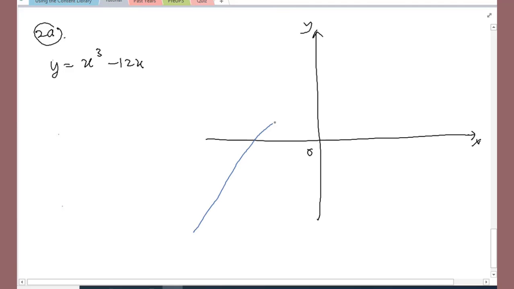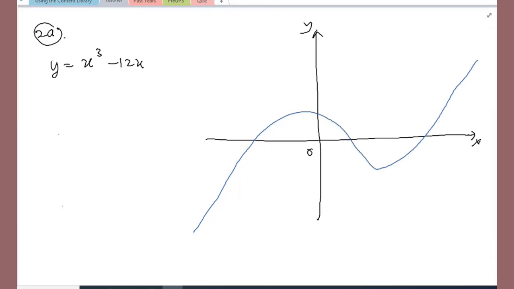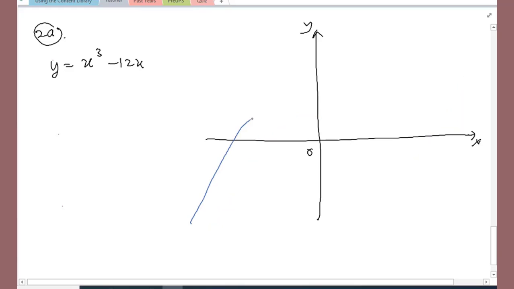The graph is something like this, with a slight curve, not sharp like that. From here, determine the extremum, which may be maximum or minimum.